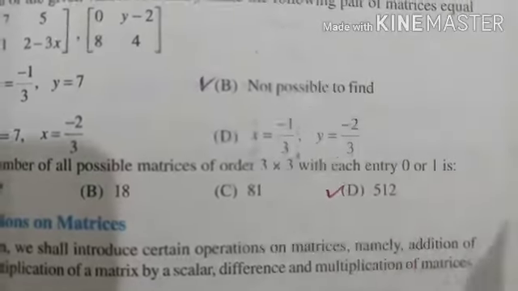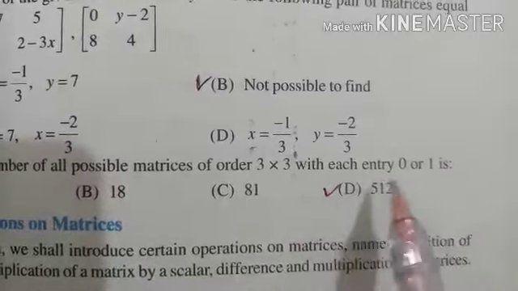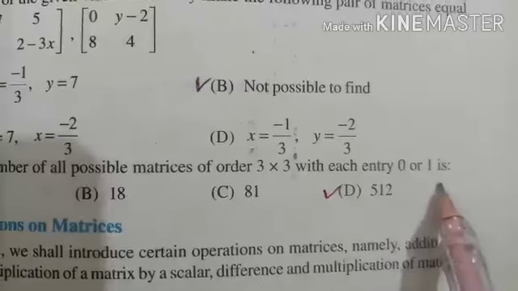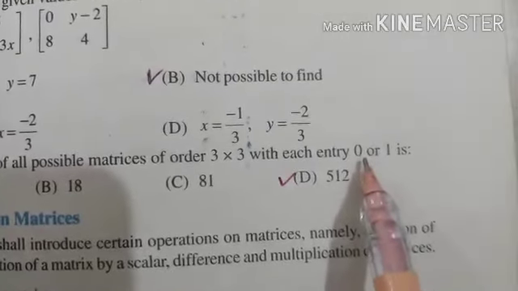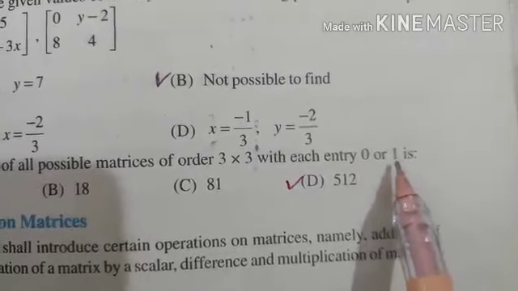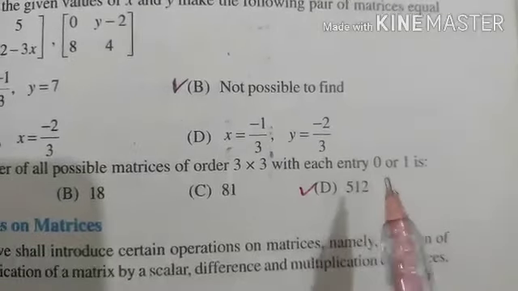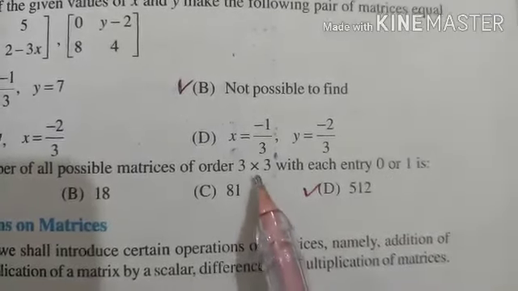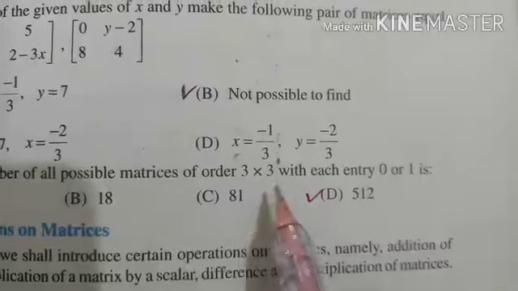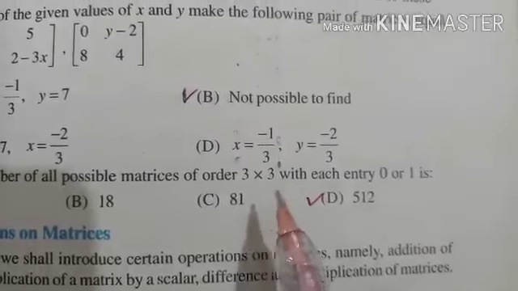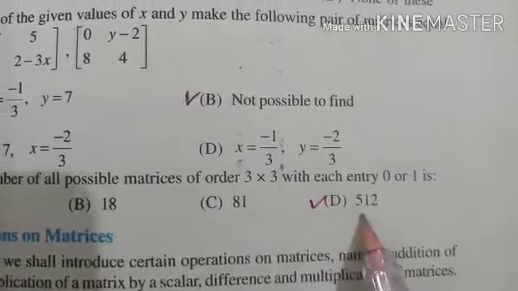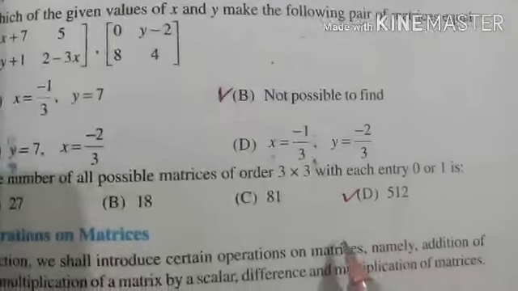So think about permutations. Each box has 2 options. So there are 9 boxes, so it should be 2 into 2 into 2, 9 times. So your answer should be 512.